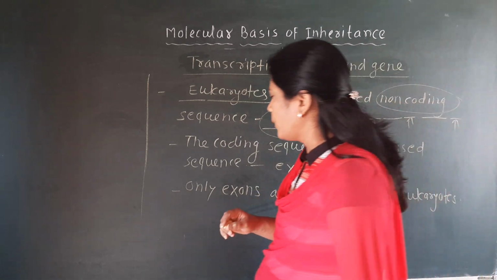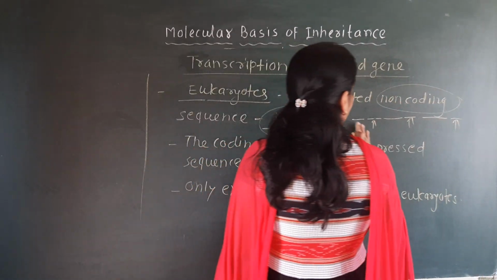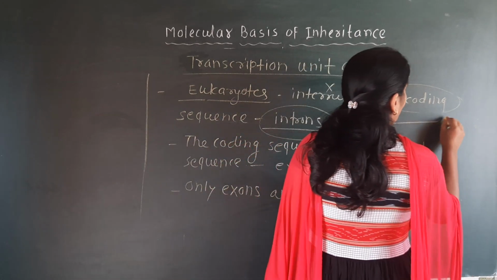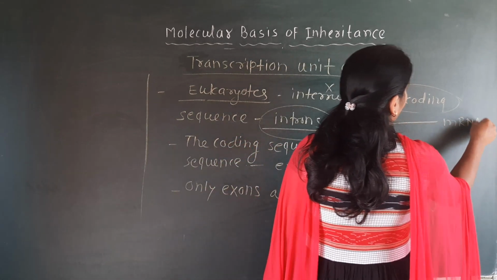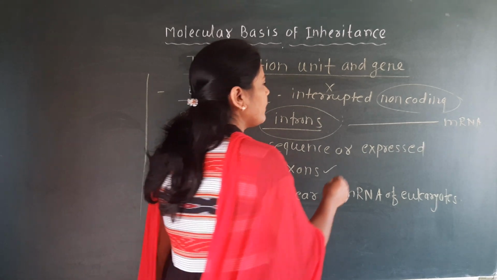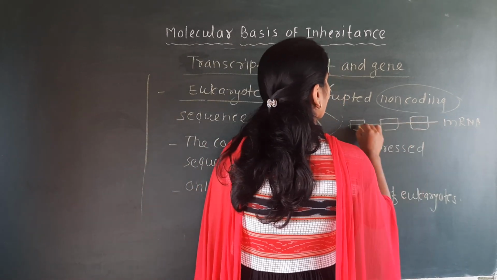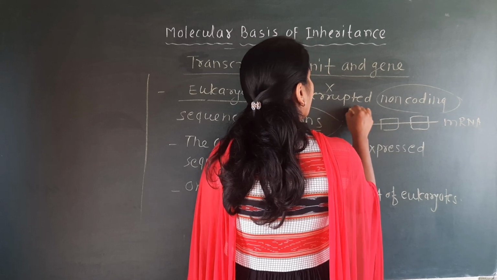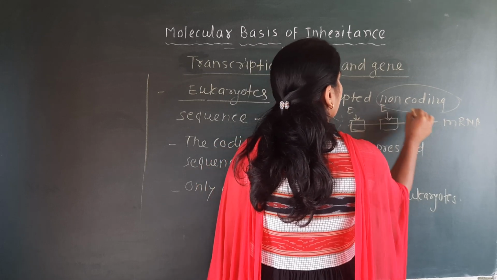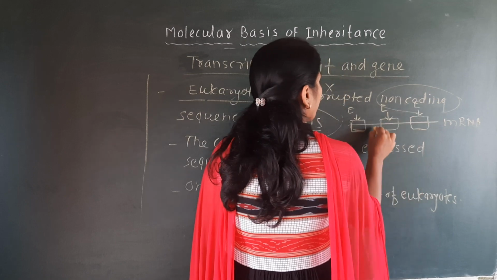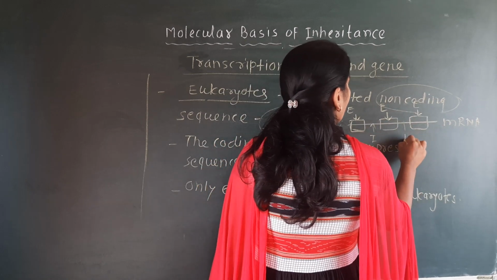That means, suppose this is the mRNA. On this mRNA, this is exon, I will write simply E. This is exon. And this is an intron.